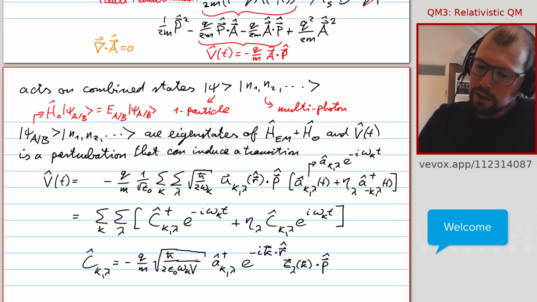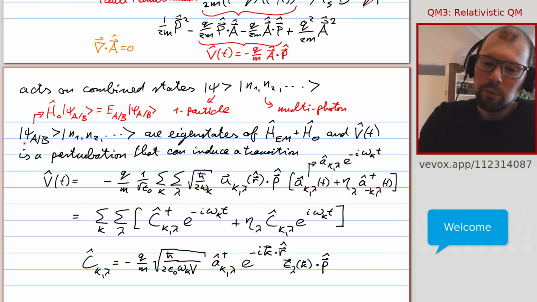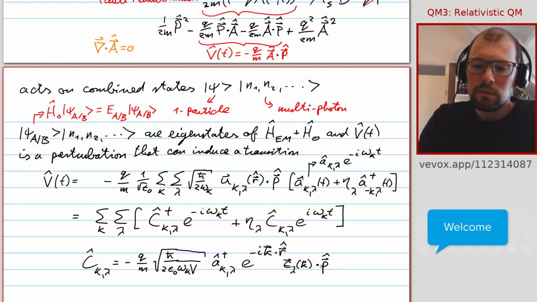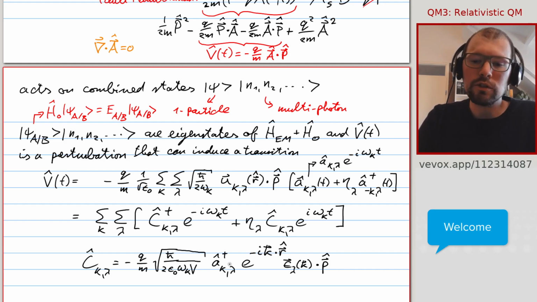So what are these operators? They act both on the particle through the position and momentum, but at the same time, this a dagger is producing a photon in the photon part of the state.